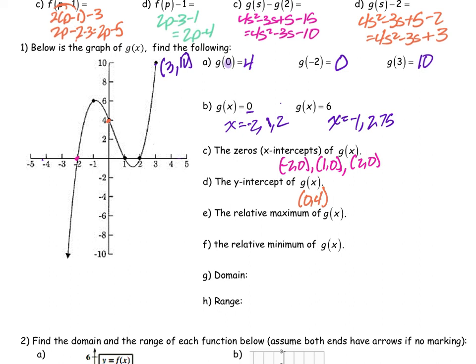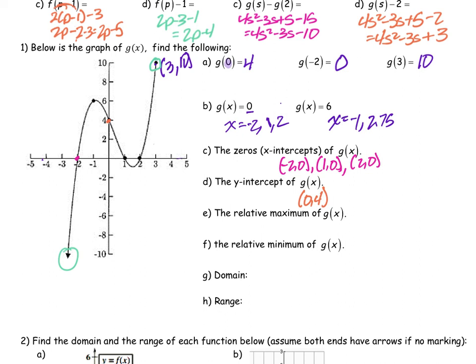So here there isn't a minimum because it's infinity, right? It has an arrow on the end. This point up here at 3, 10 is an absolute maximum because it's the highest point. Does that make sense? It's not relative, it's absolute. That is the highest point.